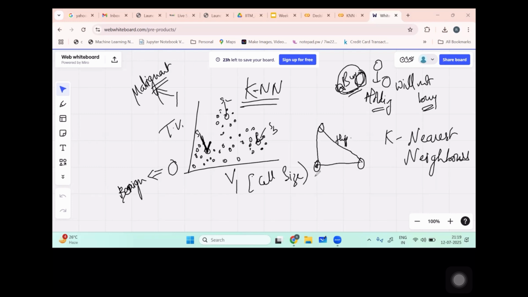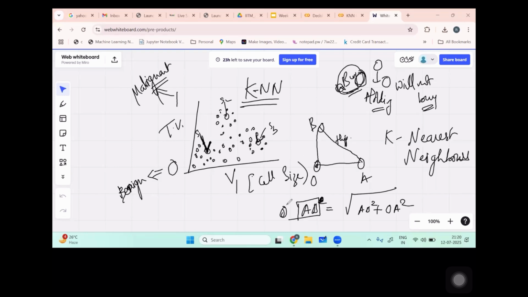So let's say this is O, A and B. So AB is my hypotenuse, which is equal to the square root of OA square plus OB square. From early childhood days, we know that, right?